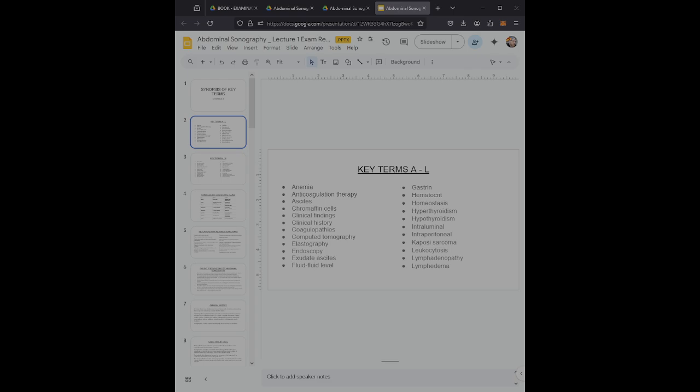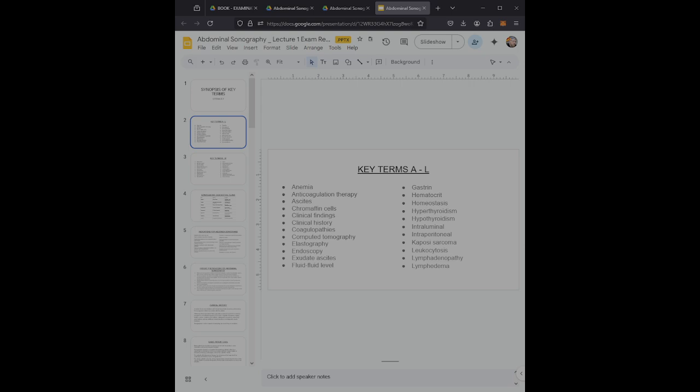Ascites is a collection of abdominal fluid within the peritoneal cavity. Chromaffin cells are cells in the adrenal medulla that secrete epinephrine. Clinical findings. This is information gathered by obtaining a clinical history.